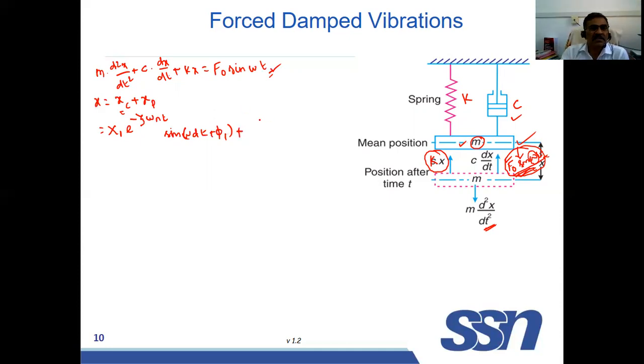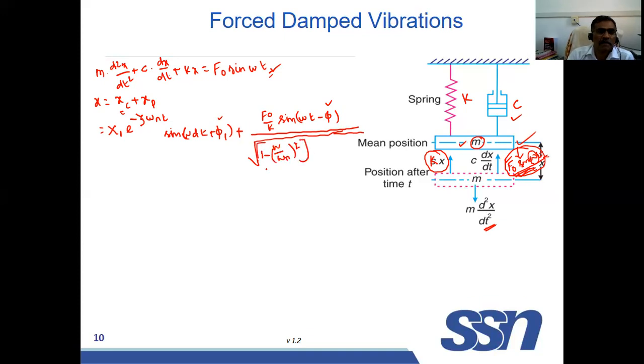The xb value you have to calculate. If we calculate, the xb value will be F naught by k into sine omega t minus phi, divided by root of 1 minus omega by omega n the whole square, plus 2 into psi into omega by omega n the whole square.